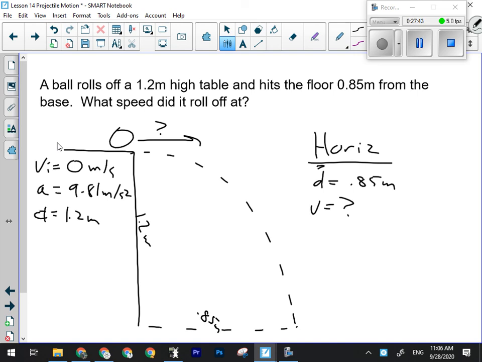So I'm going to use this formula, d equals vi times t plus 1/2 at squared, to solve for time, knowing that vi is 0. Time will equal the square root of d over half of a, so the square root of 1.2 divided by 1/2 times 9.81.